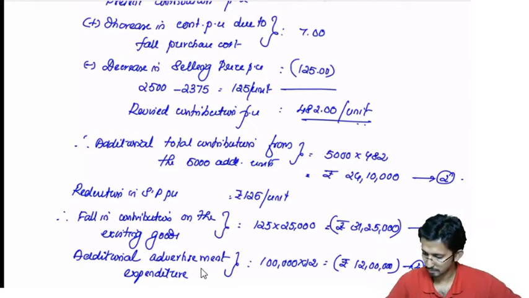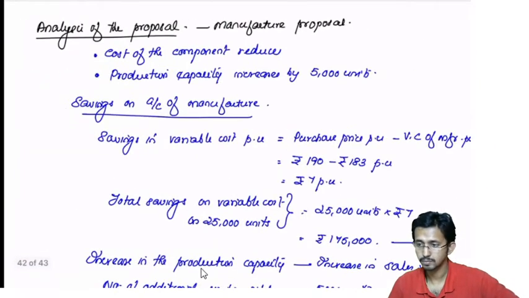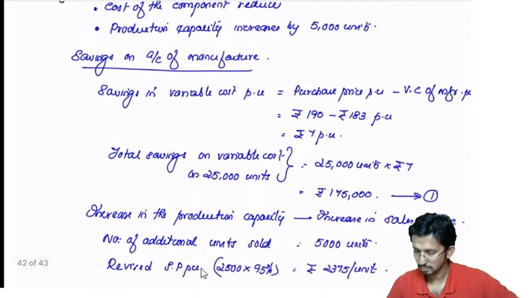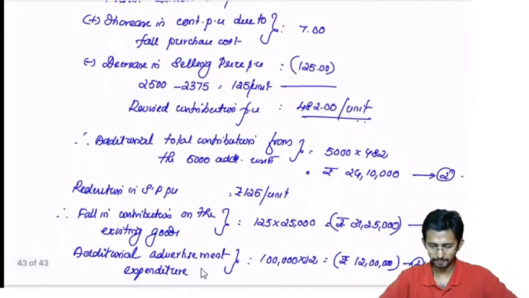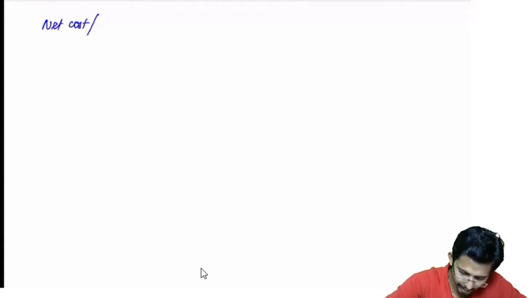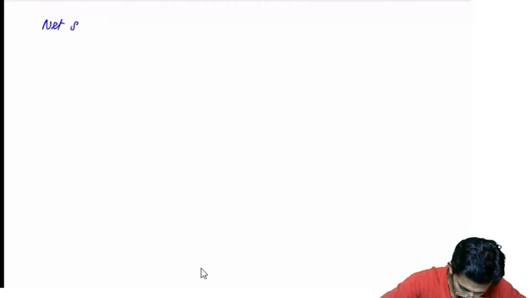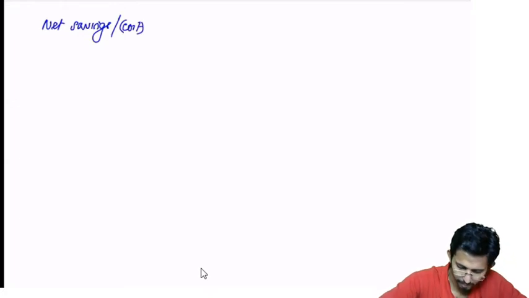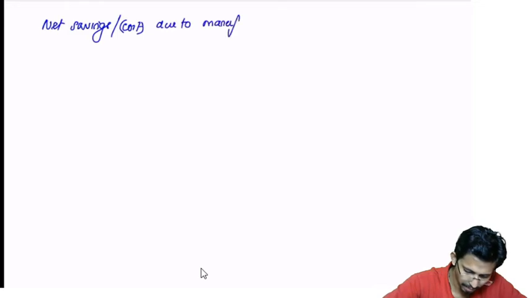So net cost, net savings or cost due to manufacture.